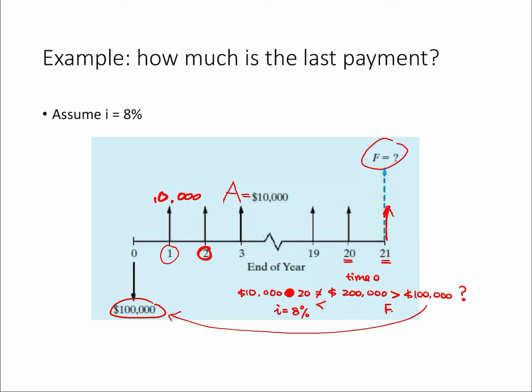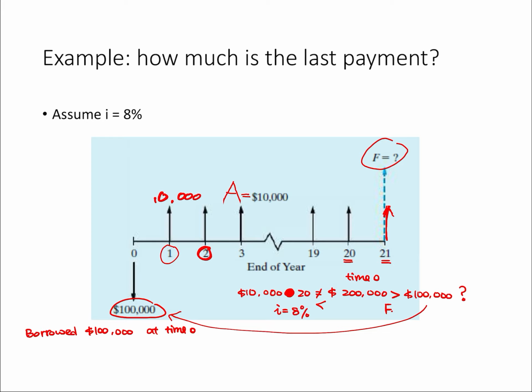Okay? So the story is, you borrowed 100,000 at time 0, okay?